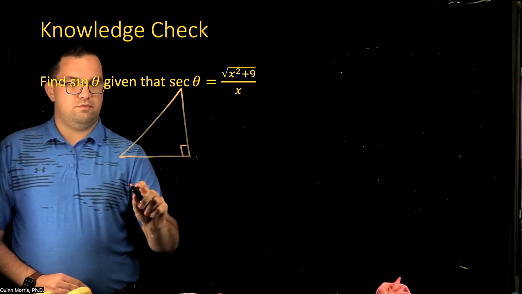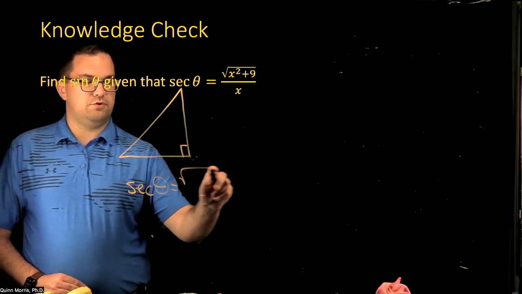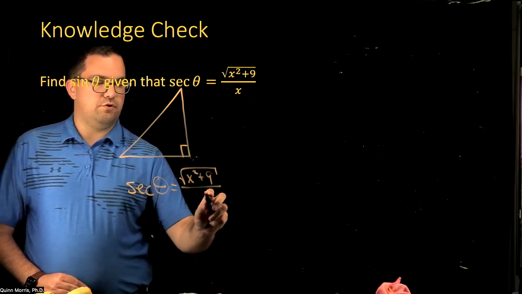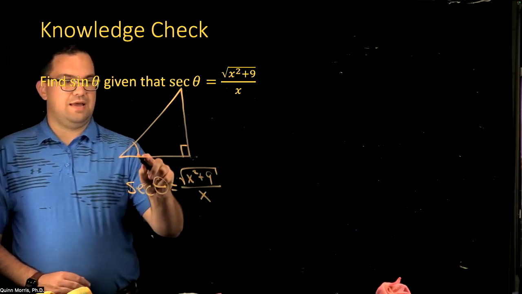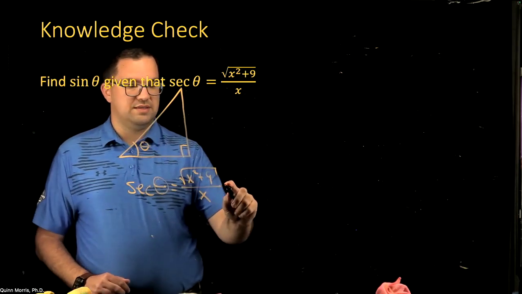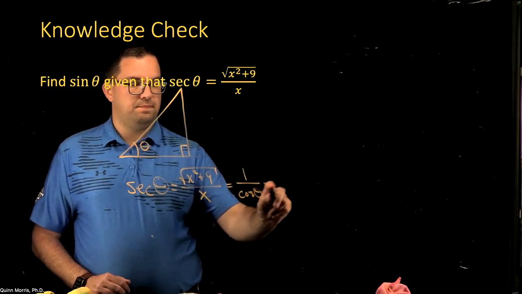So we know that secant of theta is equal to the square root of x squared plus 9 over x. Now, we want to know what secant of theta is in terms of the sides of our right triangle. So I recall that secant is 1 over cosine of theta.